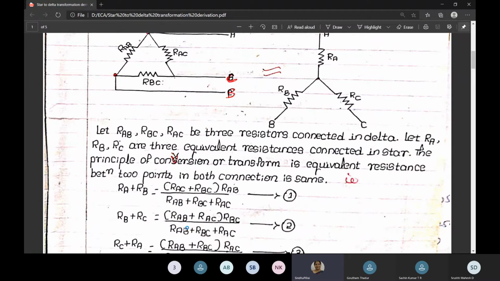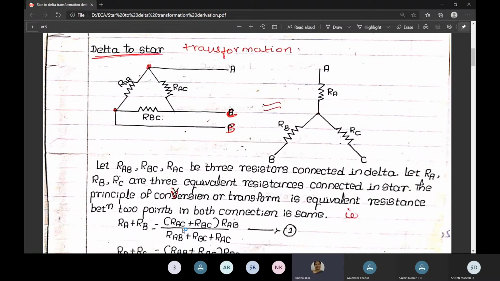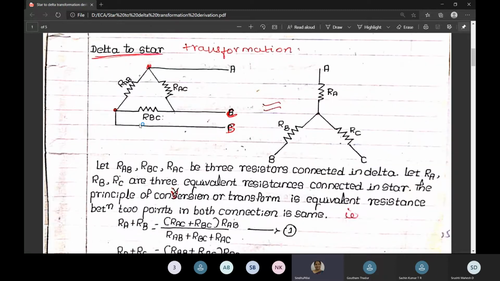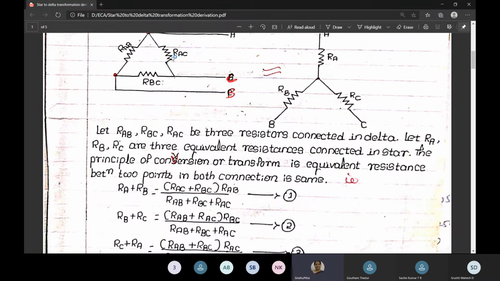Next we have to do RB plus RC. When we take these two, RB and RC, what will be in series now? RAB plus RAC, these two branches. If I take these two points, then what will be in series?